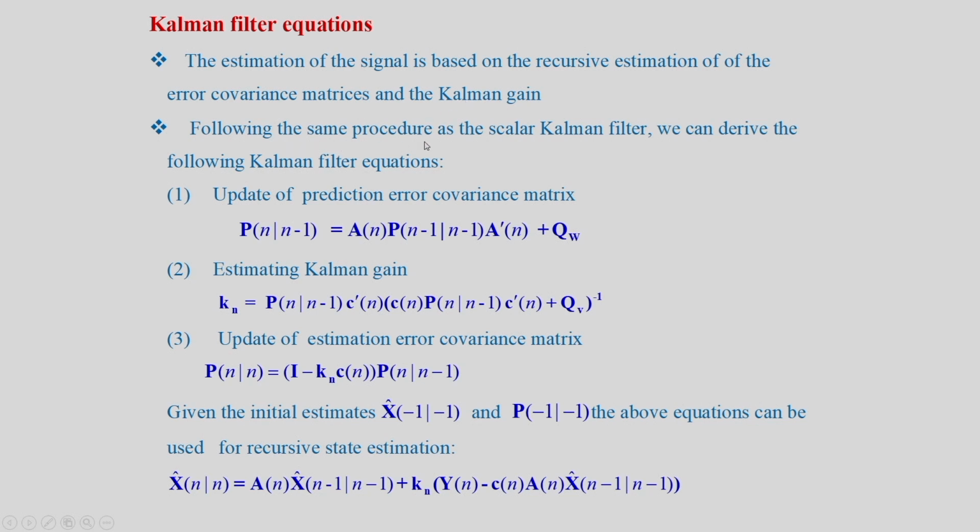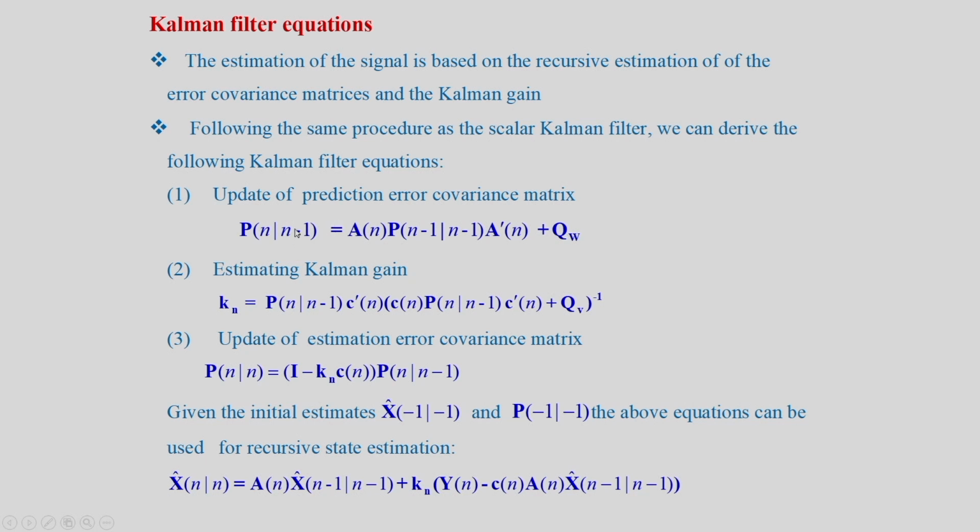Following this same procedure as the scalar Kalman filter, we can derive the following Kalman filter equations, that is the update of the prediction error covariance matrix P of n given n minus 1 is equal to A n times P of n minus 1 given n minus 1 into A n transpose. A n is the time varying system matrix, plus Q w. Q w is the covariance matrix of the process noise.